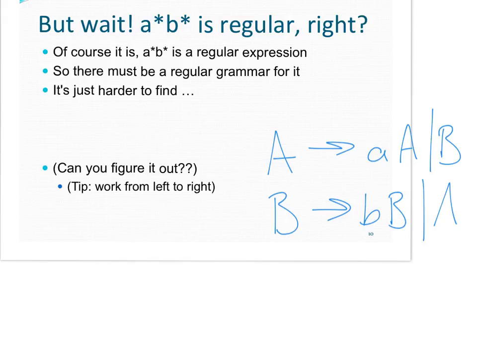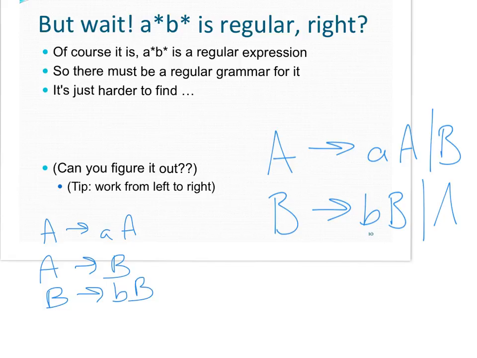So in this case, if we were to expand these rules, it really is A goes to little a big A, A goes to B, B goes to little b big B, B goes to lambda. So if we just give the production rules and we're not actually giving the full tuple for our grammar, we say that our start symbol for this grammar is A, right? Because A appears here on the left side of the first rule.